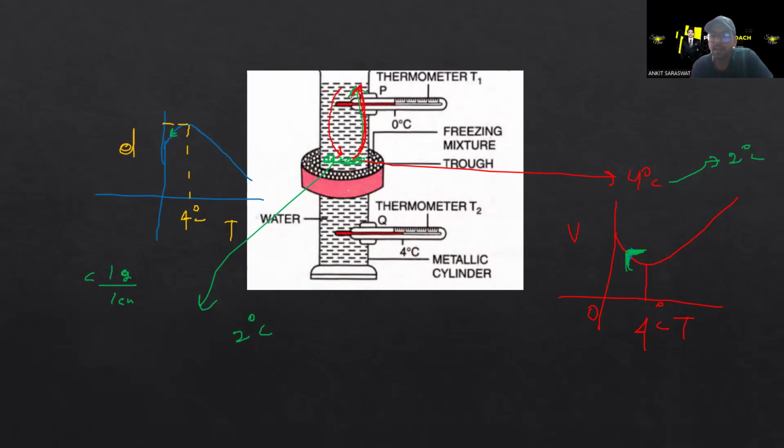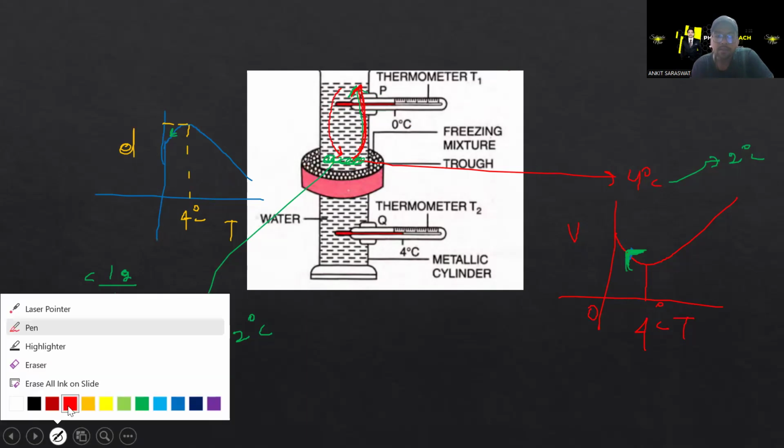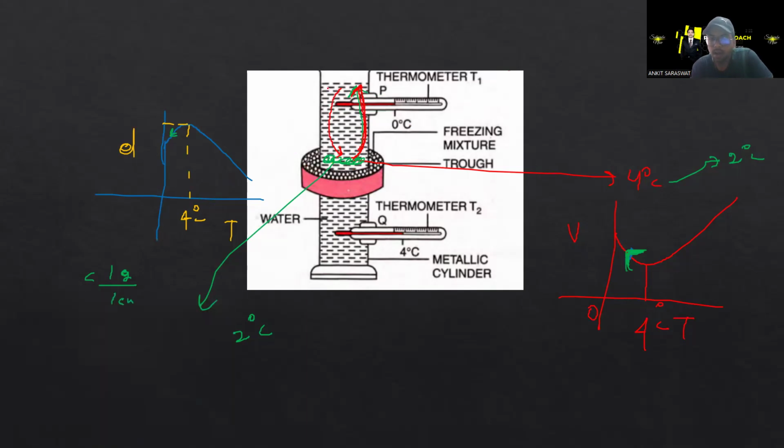So finally you will notice that the entire upper portion temperature is also dropping from 12 degrees Celsius to 4 degrees Celsius. Clear? And even it is going below 4 degrees Celsius. Why? Because let us suppose the temperature of water here in the central portion is 2 degrees Celsius.